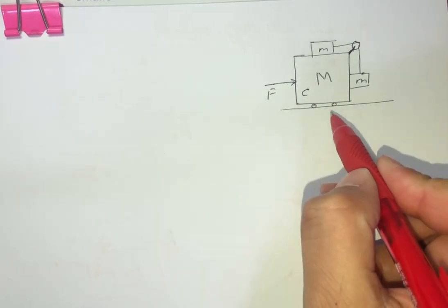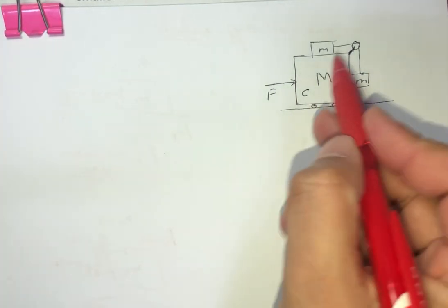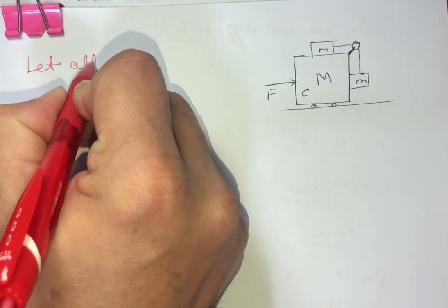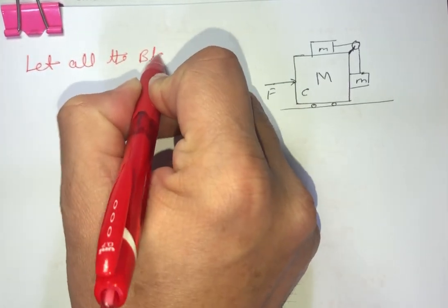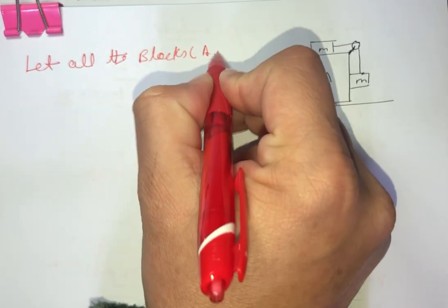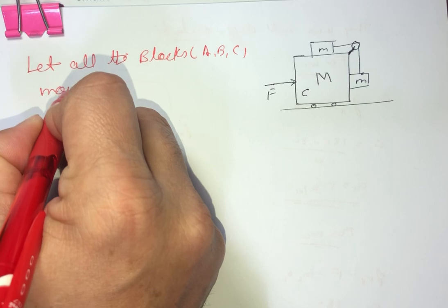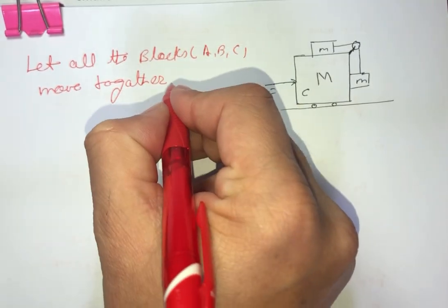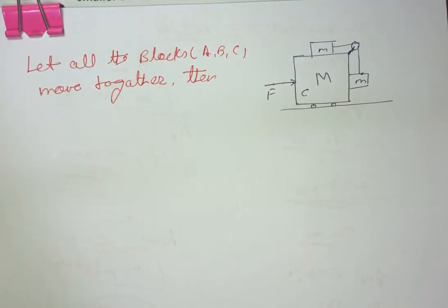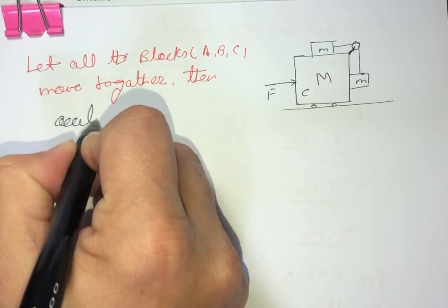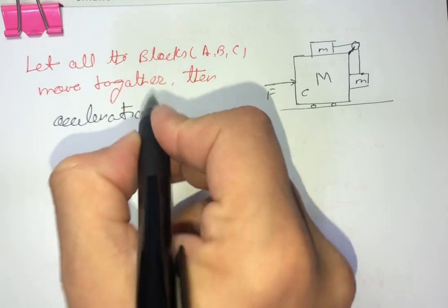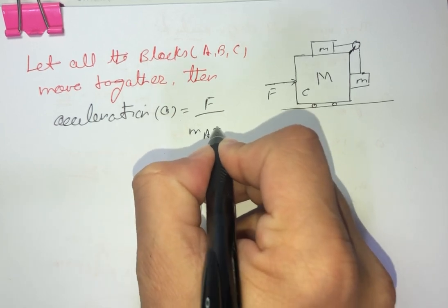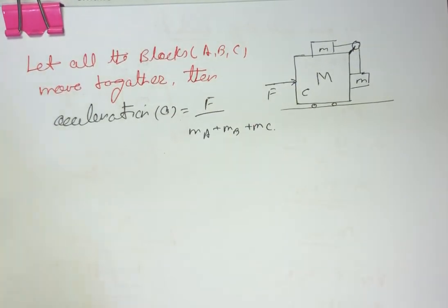So let us assume that all the blocks A, B, C move together, then acceleration a will be given as F upon mA plus mB plus mC.